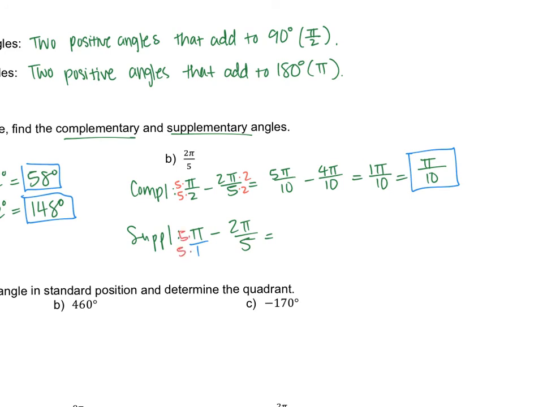So that would bring me to 5 pi over 5 minus 2 pi over 5. So 5 minus 2 is 3, or 3 pi, and the denominator here is 5. So 3 pi over 5 is not reducible, so this is my final answer. So this angle, if I were to add it to 2 pi over 5, I should get a pi. In other words, they are supplementary of each other.